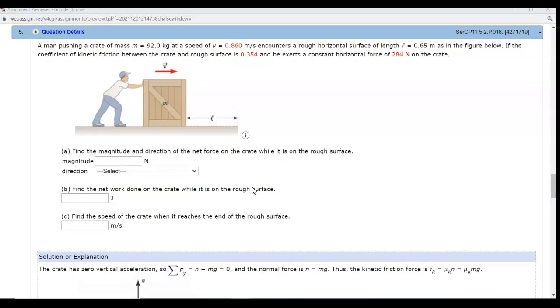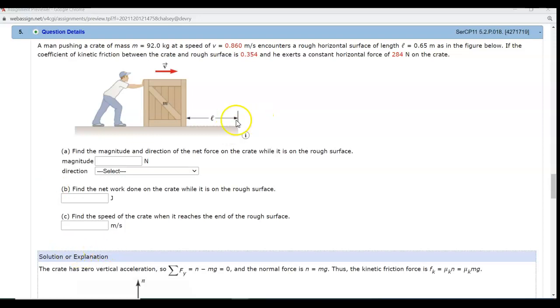A man pushing a crate has a mass of 92 kilograms at a speed of 0.860 meters per second. He encounters a rough horizontal surface of length L. It's 0.65 meters, as in the figure below.